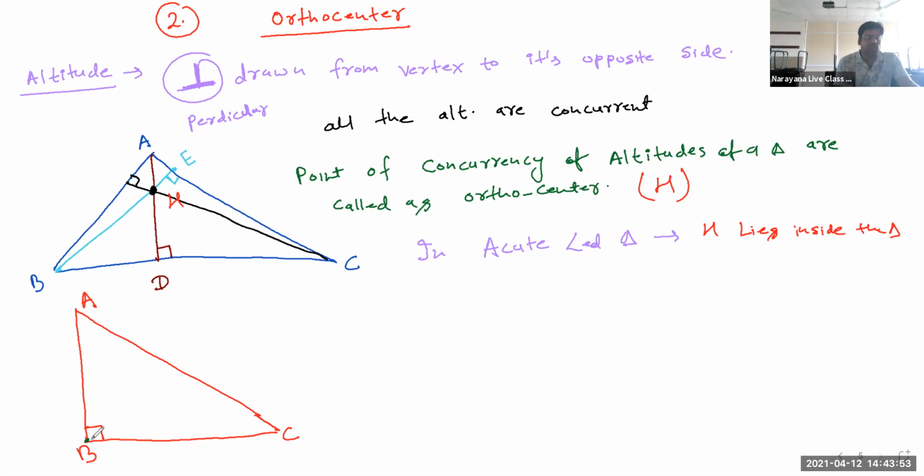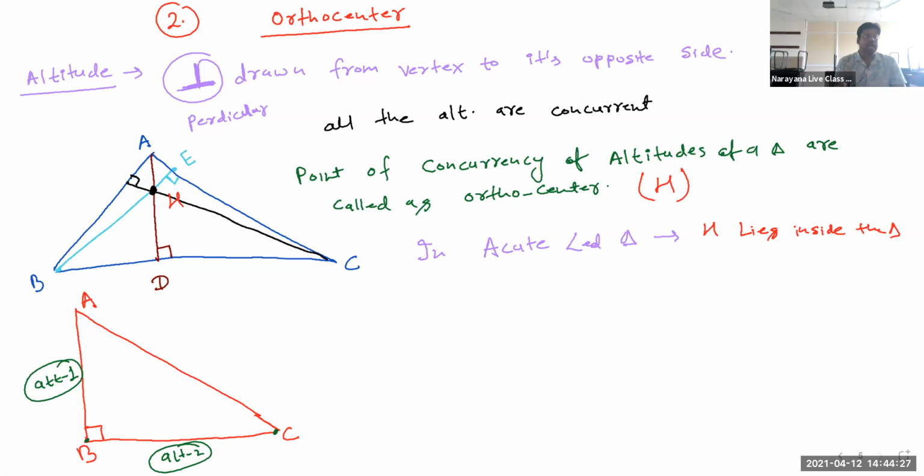So AB is the altitude drawn from A. This is our first altitude. If you drop a perpendicular from vertex C to line segment AB, the foot of the perpendicular will be B. So BC is another altitude.